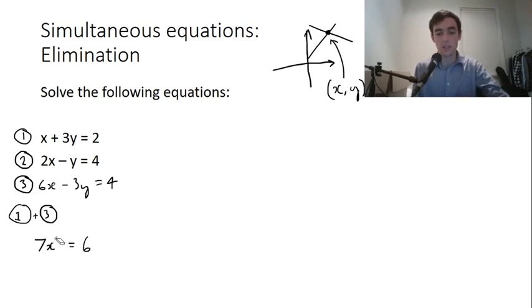So here's our final equation, 7x equals 6. Hopefully you can see this is a great equation because we can solve it to find out what x is very easily. All we have to do is divide both sides by 7. The 7's cancel out here, and we get x equals 6 over 7.